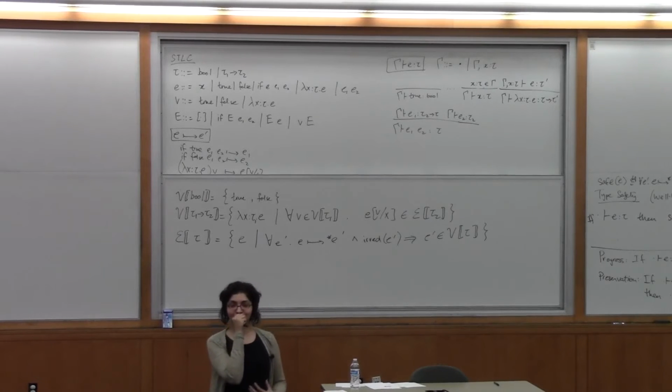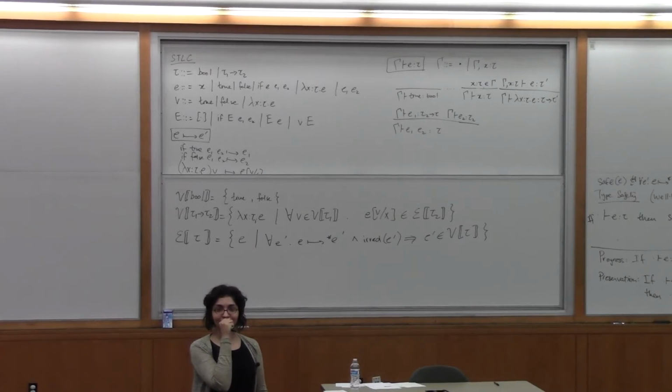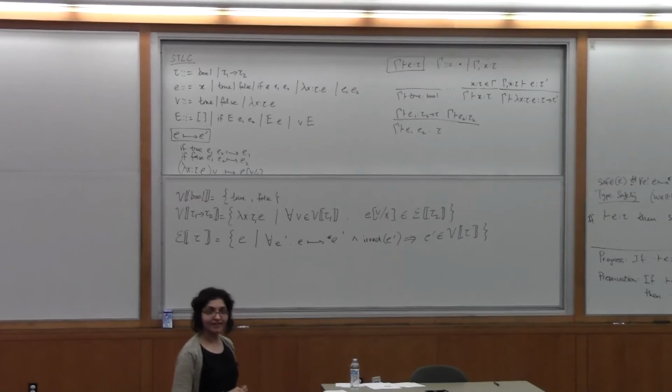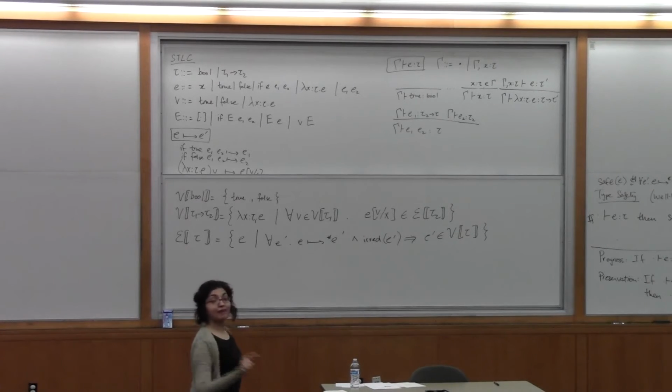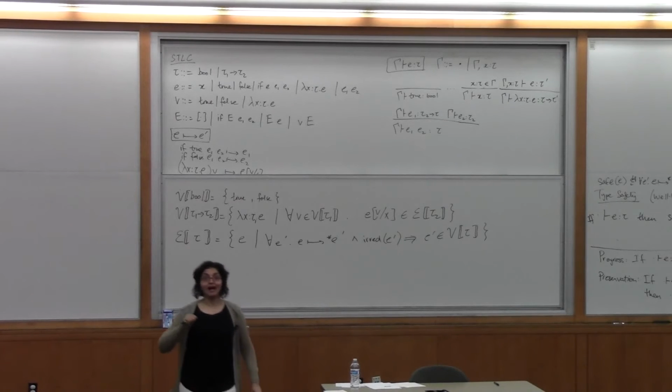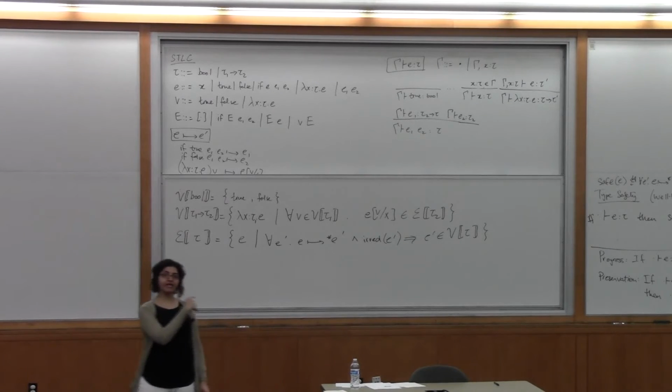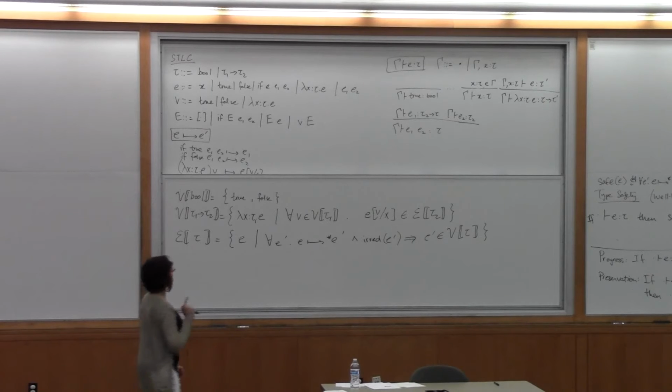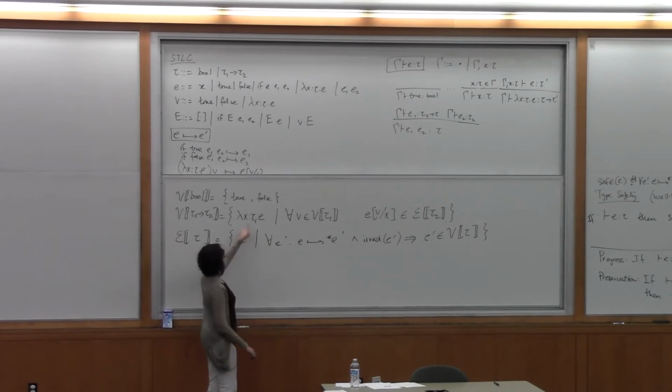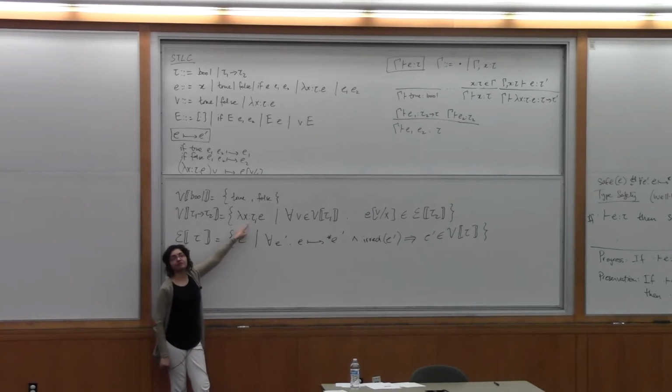Yes? Is there a difference between saying that v has type tau 1 and that v belongs to that set of values? Okay, I am making a distinction today, all right? Which is, I am defining these relations without requiring that I have a typing derivation for this.